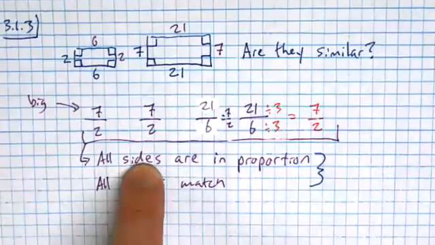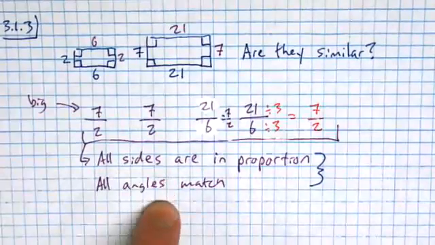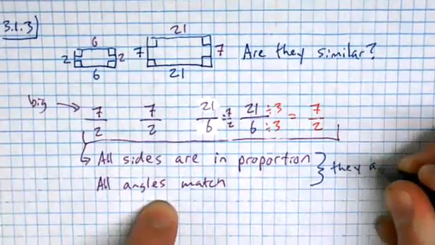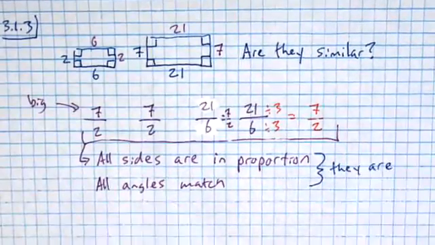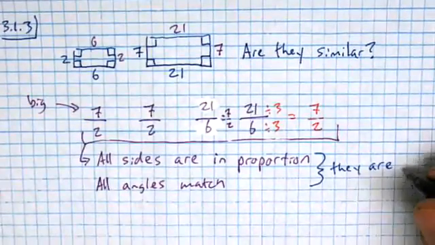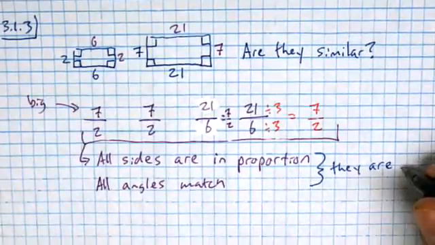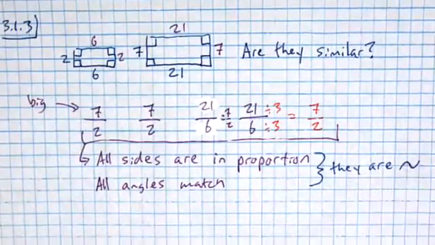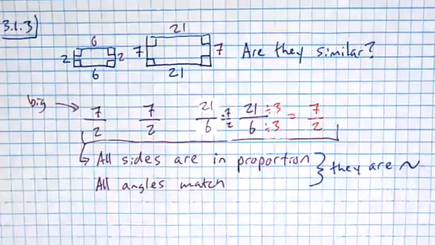So if they're all in proportion and the angles match, that means that they are similar. Do you remember the symbol for similar so we don't have to write it out? That's congruent. Similar, and I love that you remember that. Similar is just the squiggle without the equal sign. Did I not show you that last week?